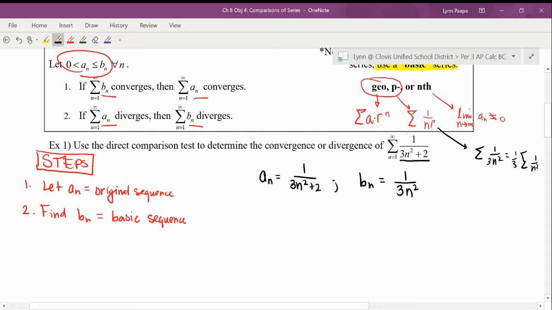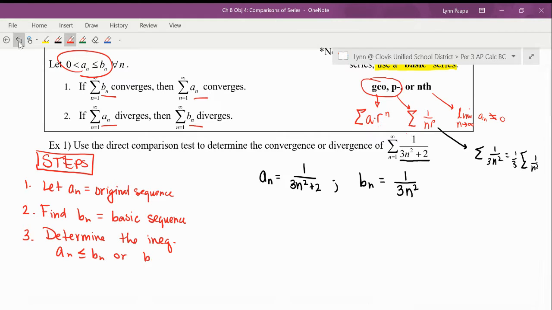Okay, so then once I do that, I want to determine the inequality of the terms of the sequence, meaning, is An less than or equal, or is An greater than or equal?